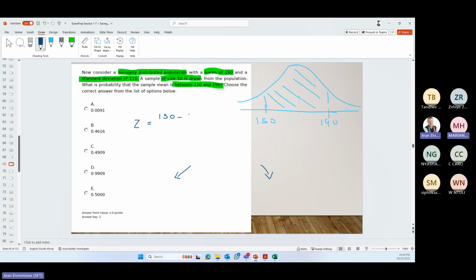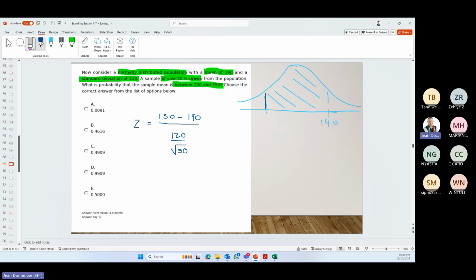We see that it is going to be a negative, so it will be somewhere on this side. That at least is fine. So the standard deviation of 120 divided by the square root of the sample of 50. I'm happy with that one. Whatever our answer is will be there.